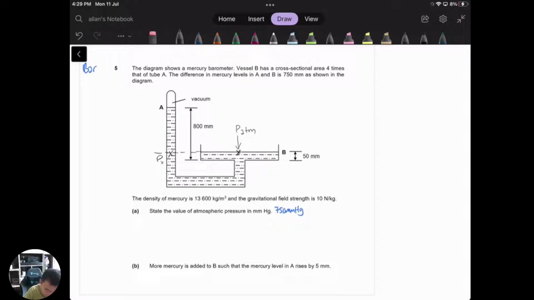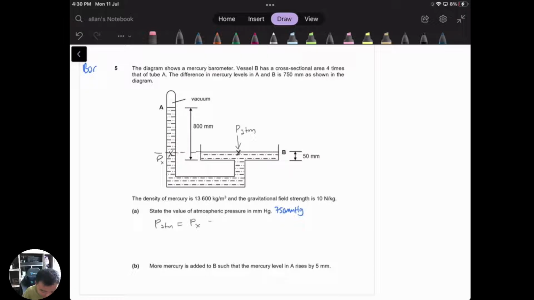So I'll just write it as pressure of atmospheric equals to px. Because on the horizontal line, if there is any difference in pressure, then you should see the mercury moving. Okay? Therefore, what is pressure at x?